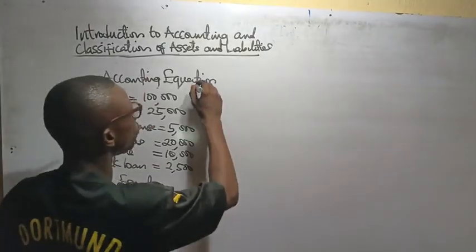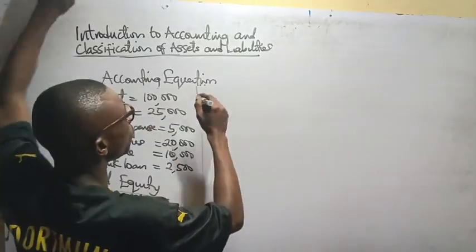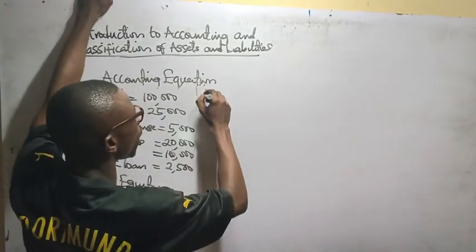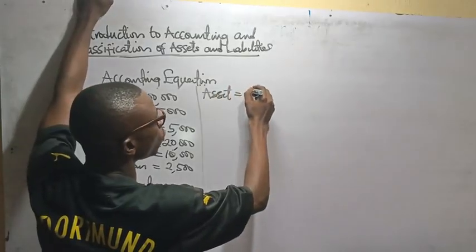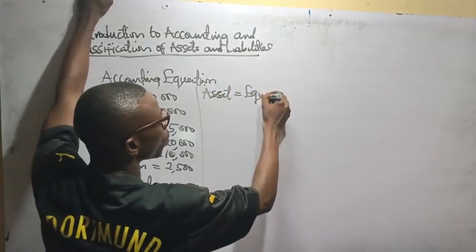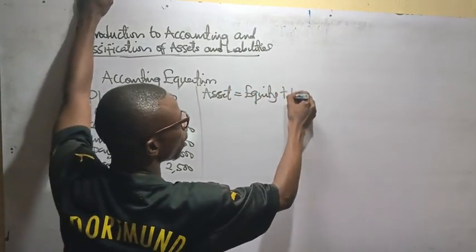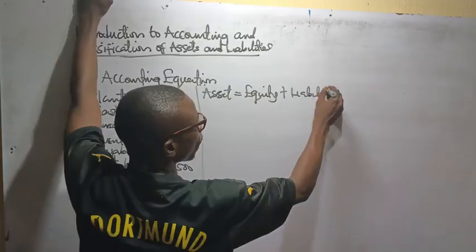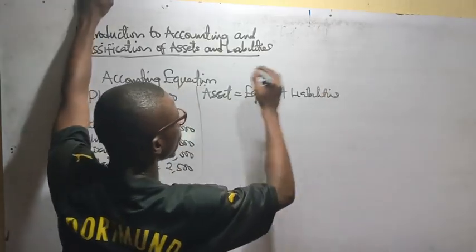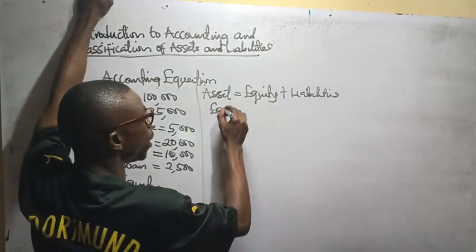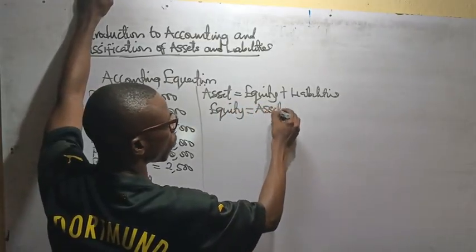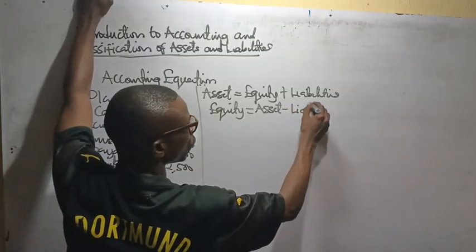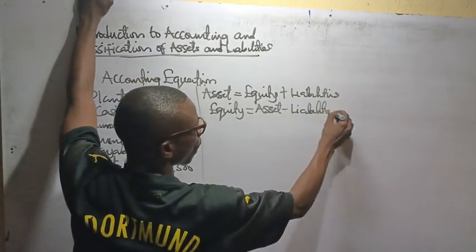So let's go to the accounting equation now. Our accounting equation is asset equals equity plus liability. So equity, based on what we have done earlier, is assets minus liability.